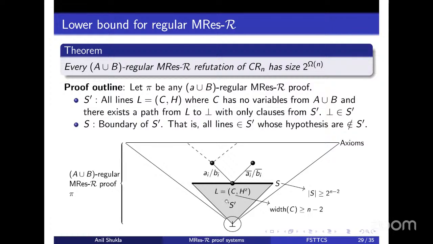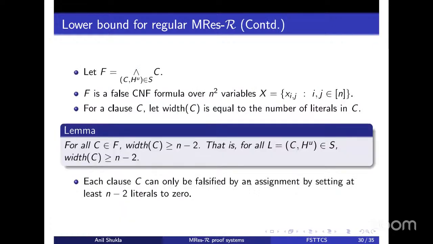We will prove that every clause in this S has width, the number of literals in it, at least n minus 2. Once I have proved this, the lower bound is over, because this is actually an unsatisfiable formula. Every clause has n minus 2 literals, so every assignment has to put n minus 2 zeros there.